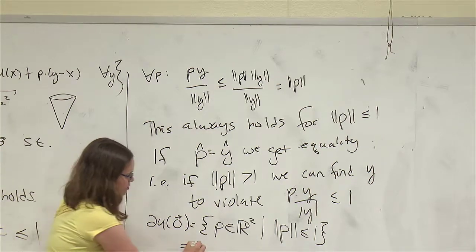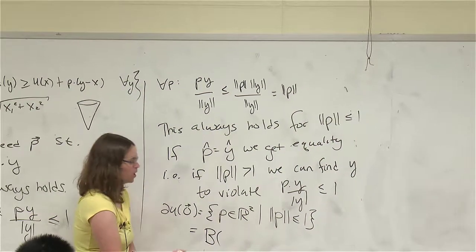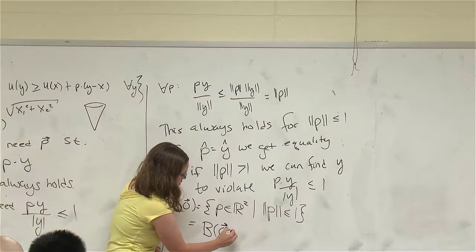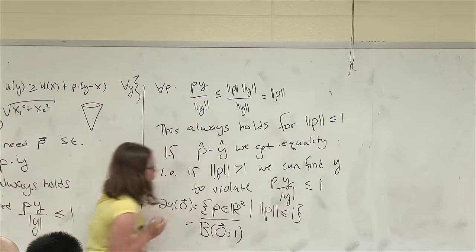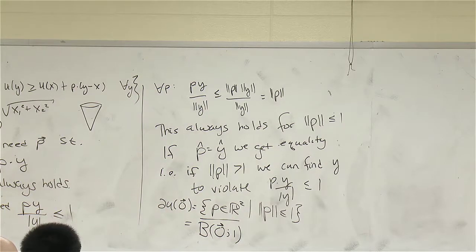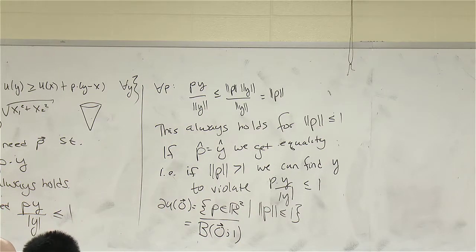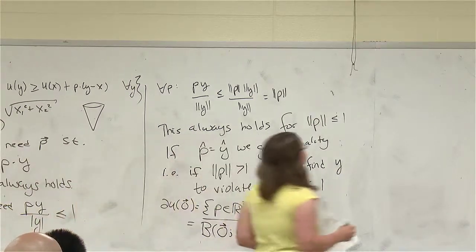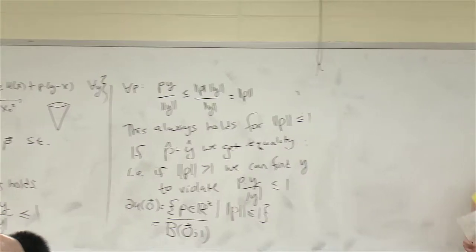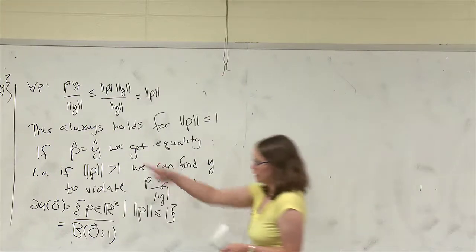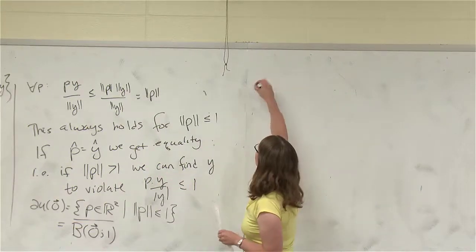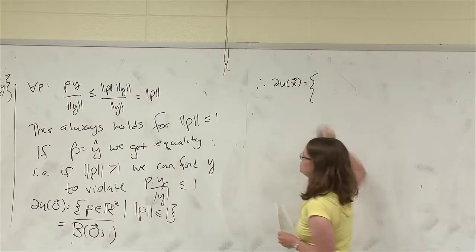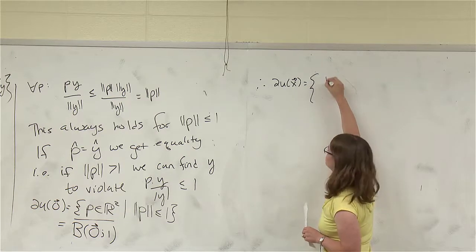And this is nothing but really a ball of radius 1 centered at the origin. It's a closed ball. Right, so if we want the subgradient of this thing everywhere, then what are we going to conclude? The subgradient is equal to this ball if we're at the origin.